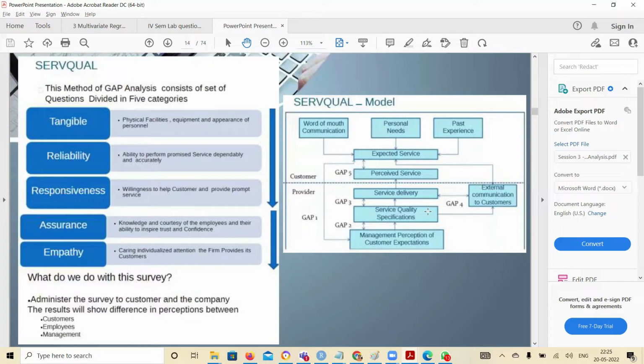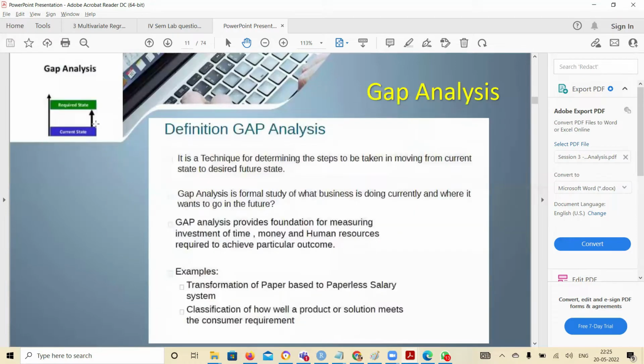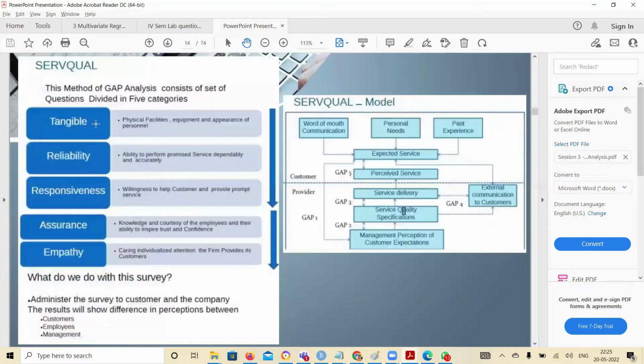In this case, maybe you'll come up with tangibles, reliability, responsiveness, assurance, empathy. Let's say these are the 5 important aspects for you to survive or be able to perform or give the right service to a customer.